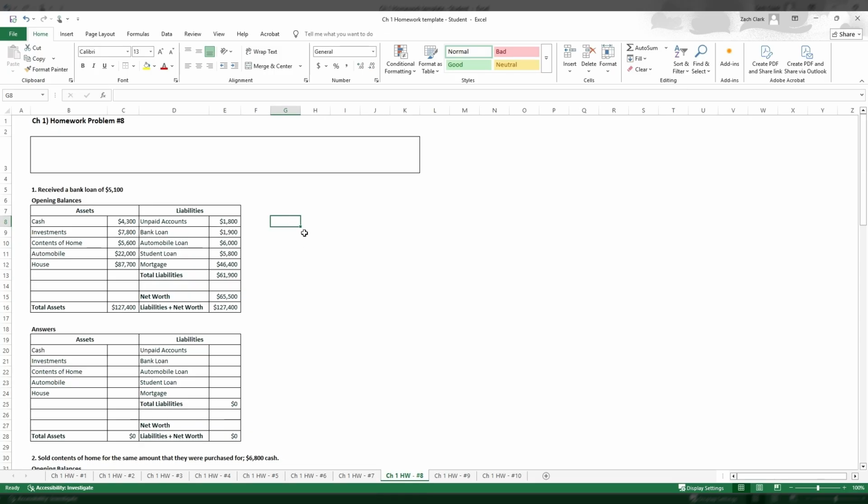this Excel template. But what we are doing in this problem is going through, and we are going to be basically analyzing the impact of different transactions on the overall balance sheet here and the balance sheet accounts.